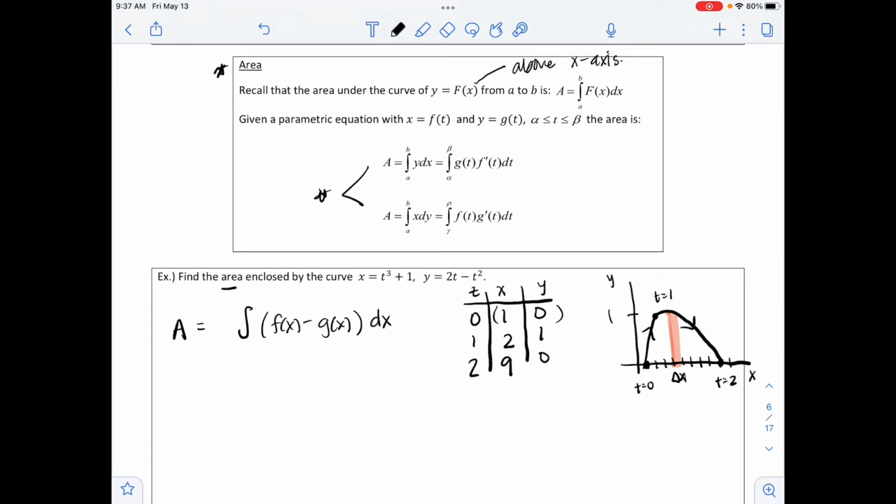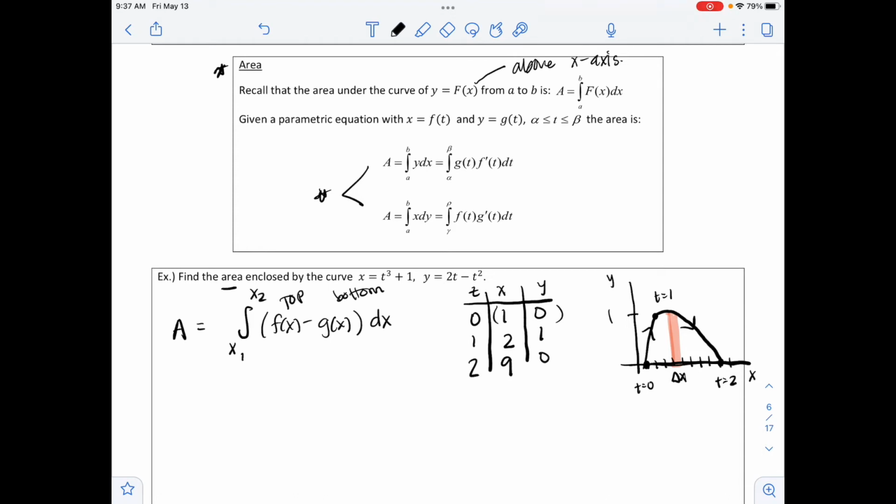And we'd be integrating this from an x value to another x value. And again, remember, this would be top minus bottom. And so for us, the top equation is on here, and the bottom equation again would be that x-axis that we have.